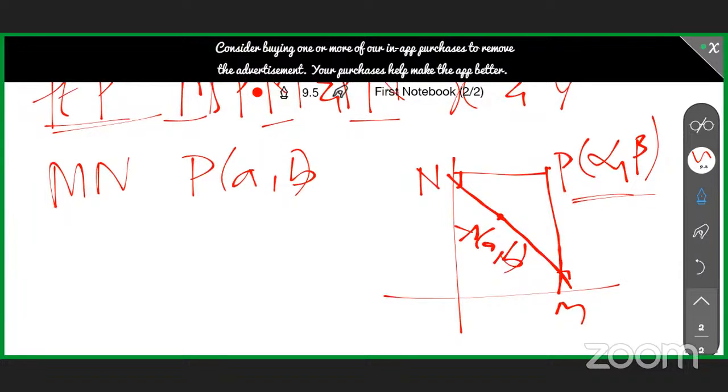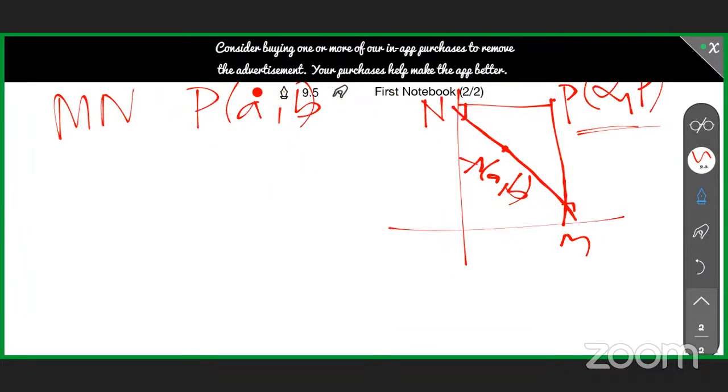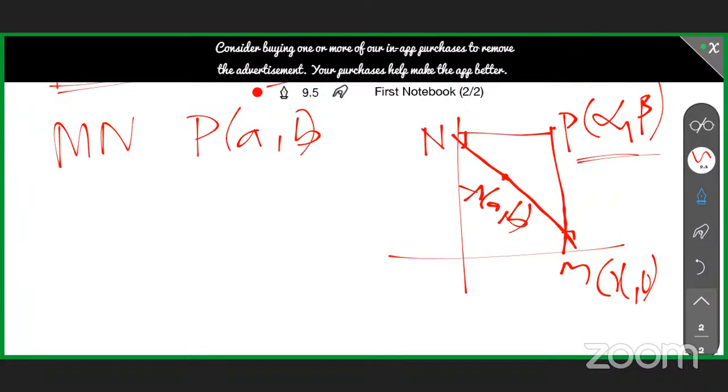Listen carefully now. A point on x-axis, y coordinate is 0. I can write as x comma 0. A point on y-axis, x is 0. I can write as 0 comma y. I don't know how much distance this is, so I've taken this distance as x, and this distance as y.